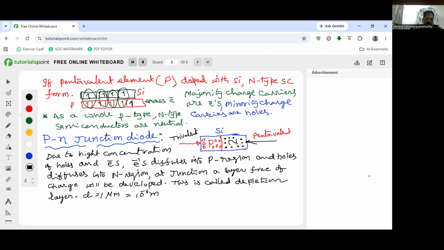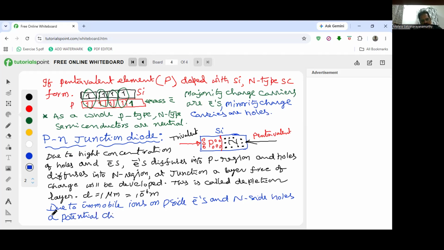Now, what happens? Due to immobile ions, electrons on the p side and holes on the n side, a potential difference develops across the junction.